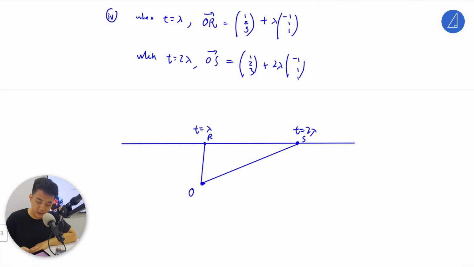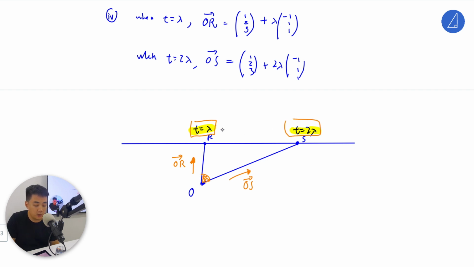Essentially, what they are saying is if this is lambda and this is 2 lambda, I want to show that OR and OS, when dotted, will not be 0, because this will never be 90 degrees. The idea is because this one is twice of this, it is dependent, so no matter what you do here, this one will be twice of it, the housing address.